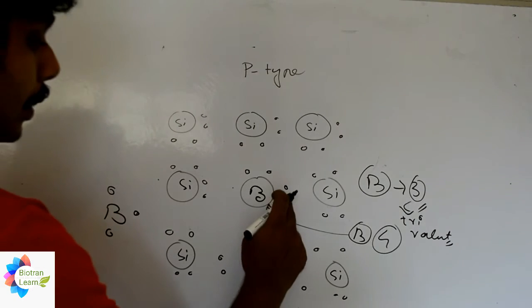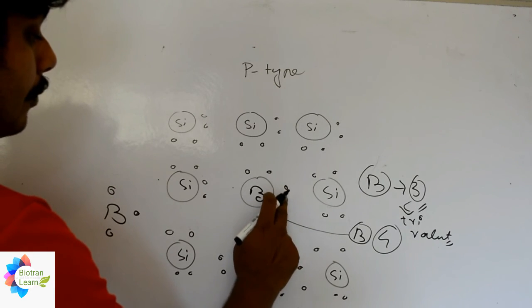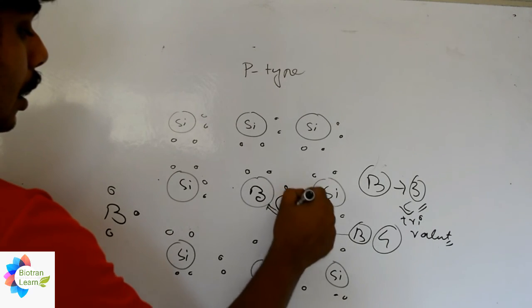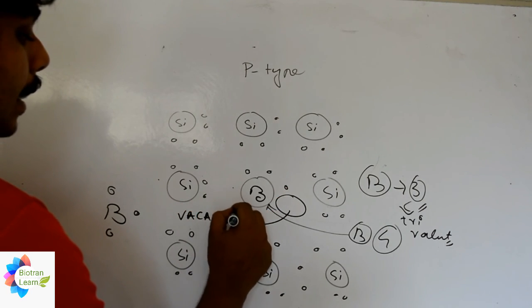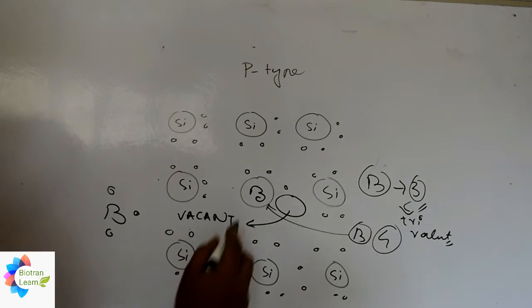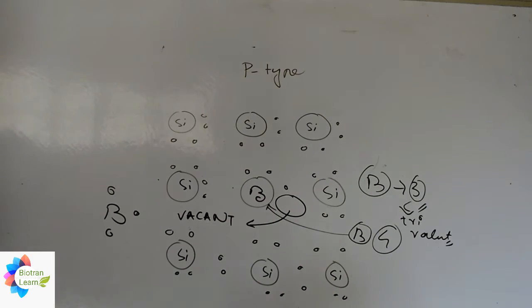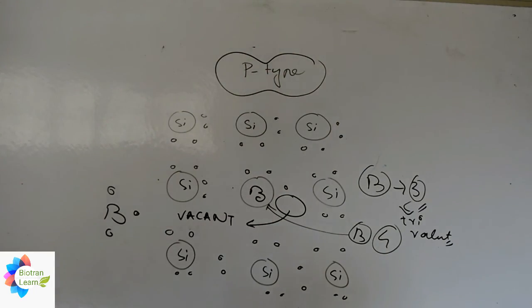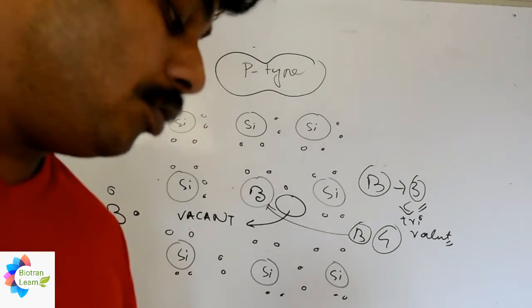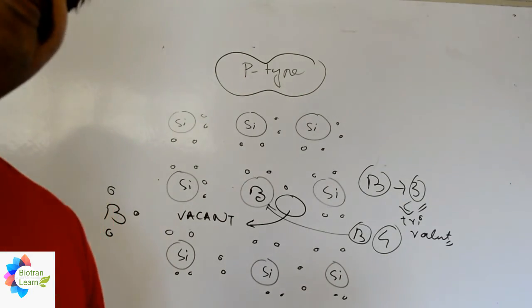Then what would happen? It will create a vacant position and lack 1 electron, because it has 3 electrons surrounding it, right? So this type of semiconductor will result in p-type doping.